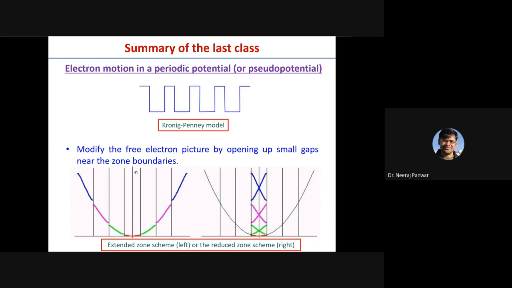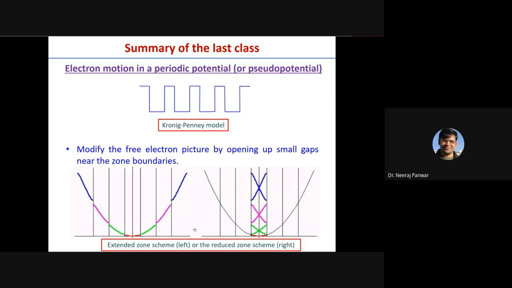The y-axis represents the energy, whereas the x-axis represents the wave vector, or the momentum space. So this is the extended zone scheme, in which we can see at integral multiples of pi over a, there is a discontinuity in the E-k diagram. Had it been for free electrons, we should have observed a parabola, which is shown here. So this parabola is continuous for free electrons.